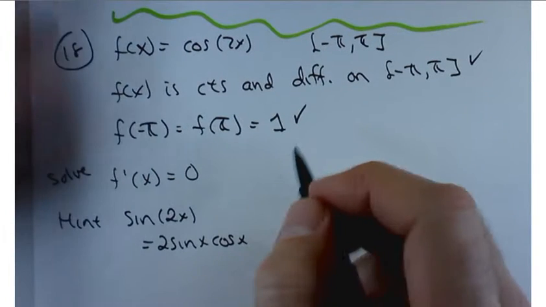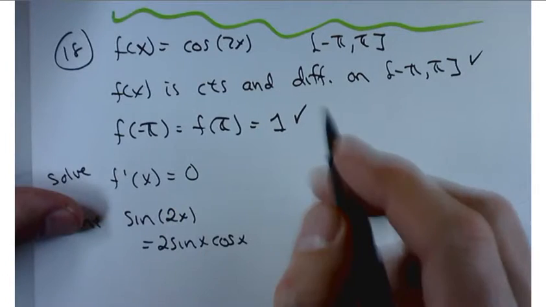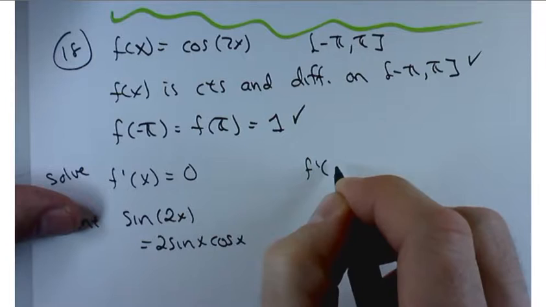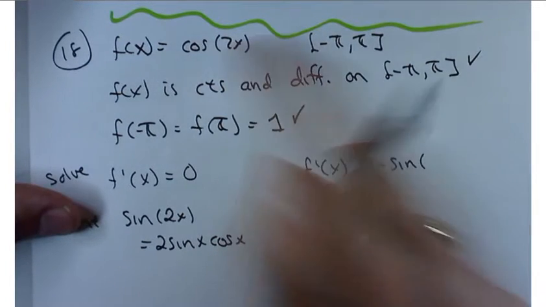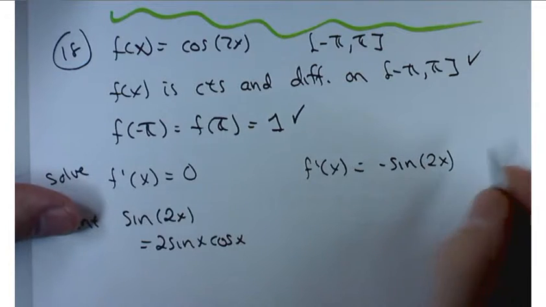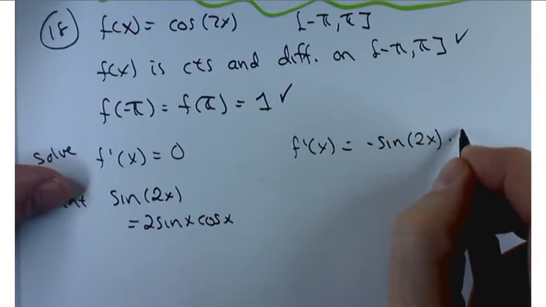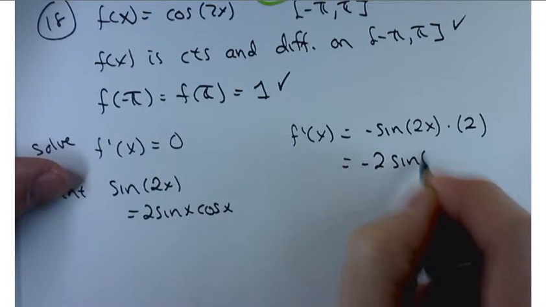As far as the derivative here, you have to use a chain rule. So it's the derivative of the outside. What's the derivative of cosine? Minus sine of 2x times the derivative of the inside. The derivative of the inside is 2. So basically minus 2 sine of 2x.